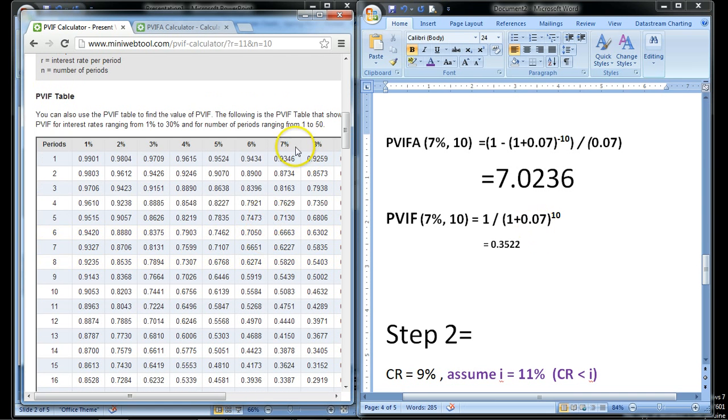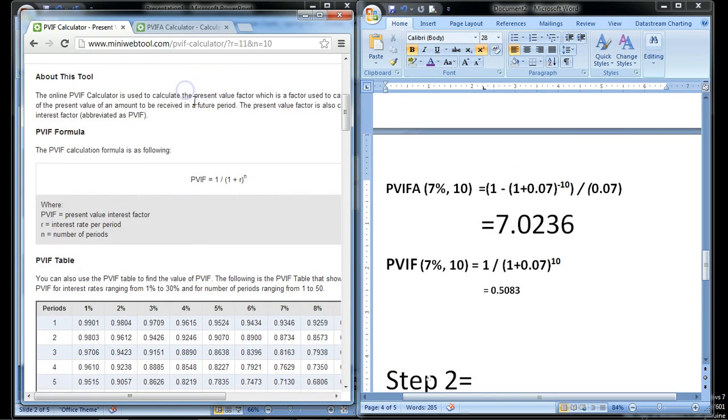Based on the tables, you can use 7% and 10 years, 0.5083. You see? Different answer. So you need to calculate again using 7%. But remember, the table will not be provided in your exam. So please use the formula to calculate your PVIF.